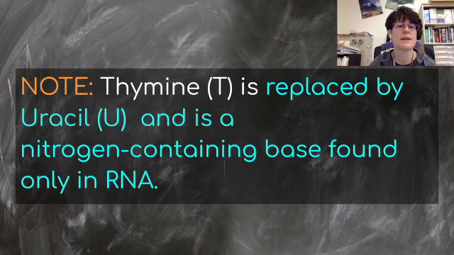So let's take a look at that. Note, thymine T is replaced by uracil, a nitrogen-containing base found only in RNA. So on RNA, instead of using T's, we write U's, okay? Which is pretty easy to remember because it's just the next letter in the alphabet.